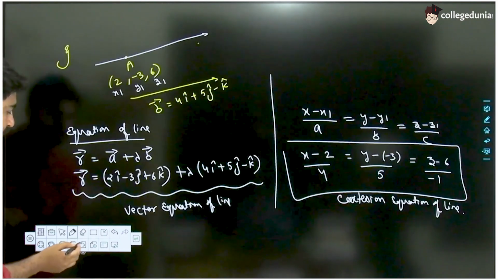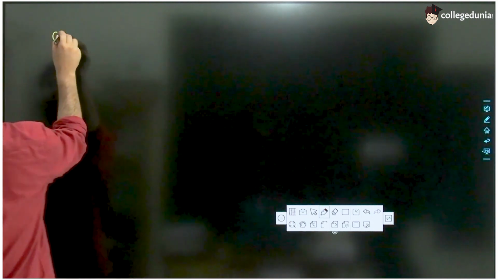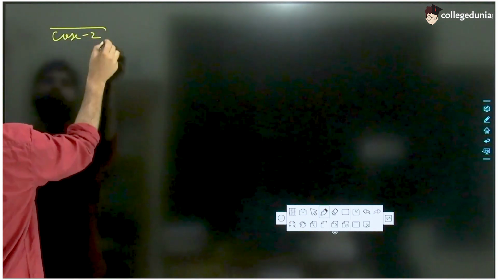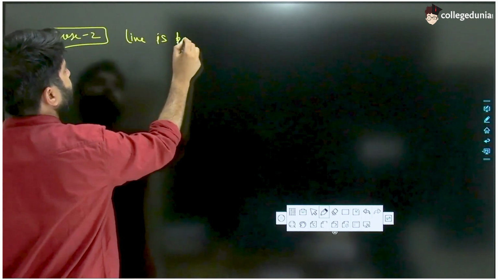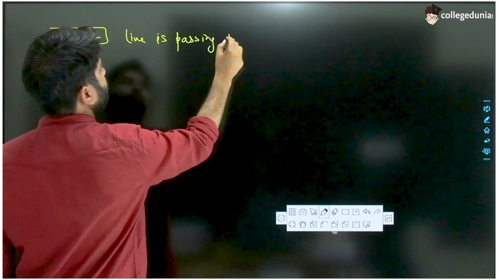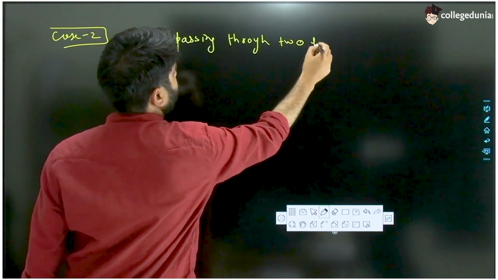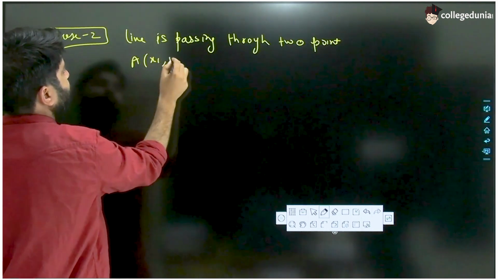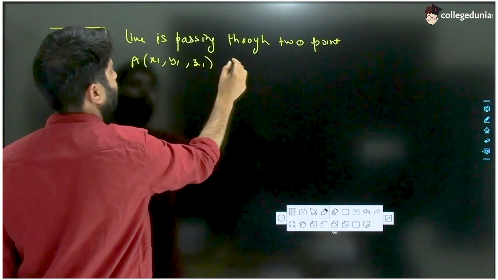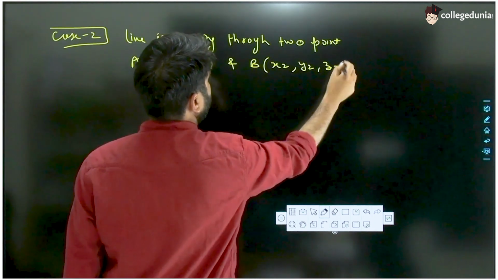Okay, but suppose there is a situation when the line is passing through two points: point A, x1, y1, z1, and point B, x2, y2, and z2.